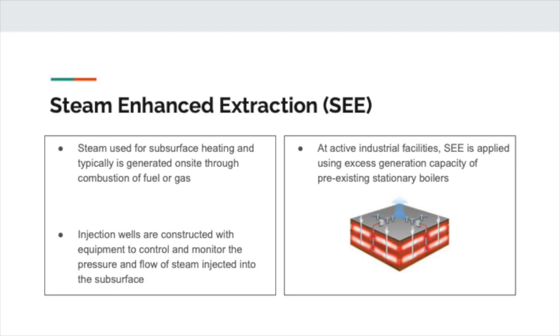Non-condensable gases recovered during remedial system operations can be used as a supplemental fuel. Injection wells are constructed with equipment to control and monitor the pressure and flow of steam injected into the subsurface. At active industrial facilities, SEE is applied using excess generation capacity of pre-existing stationary boilers.